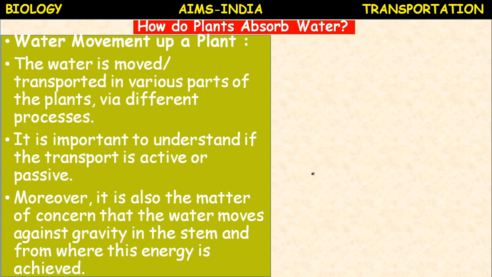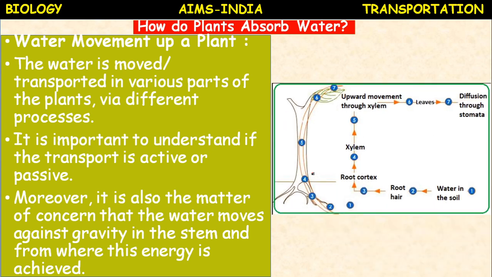Okay. So let us try to understand the concept here. Movement of water up a plant, or ascent of sap. See, a simple figure is given here to understand. Water in the soil is absorbed by root hairs. Next, enters into the root cortex.